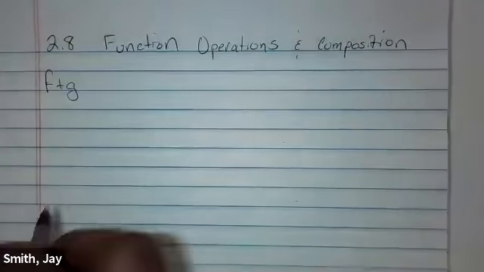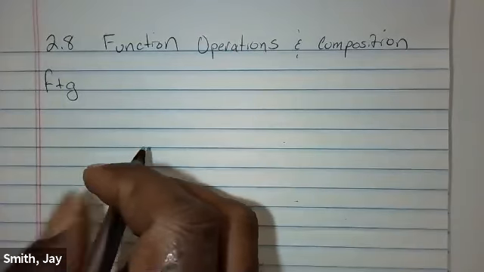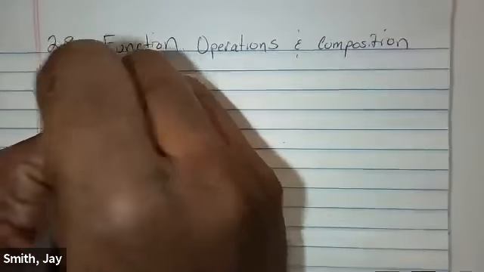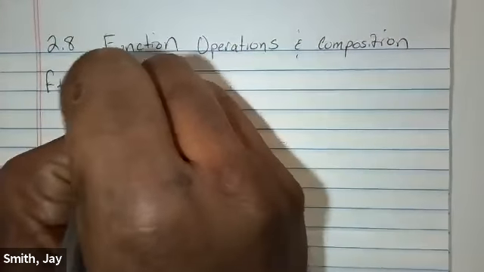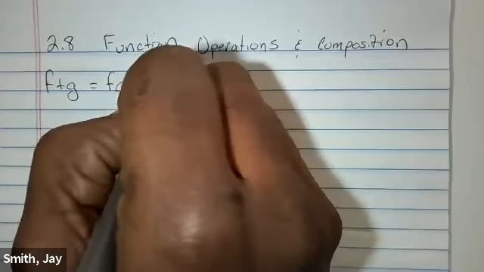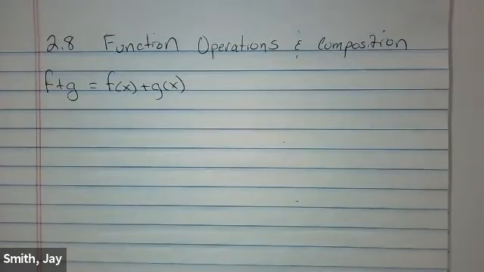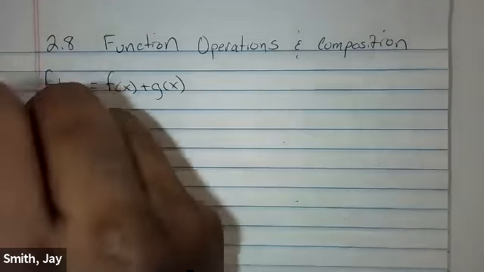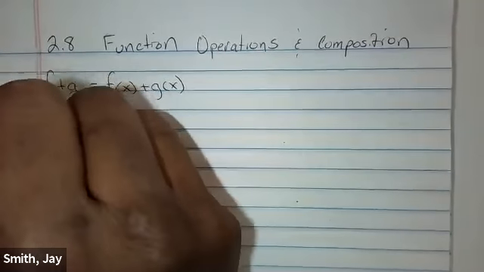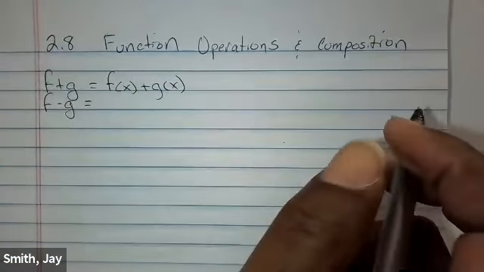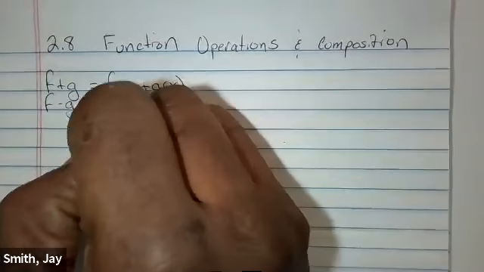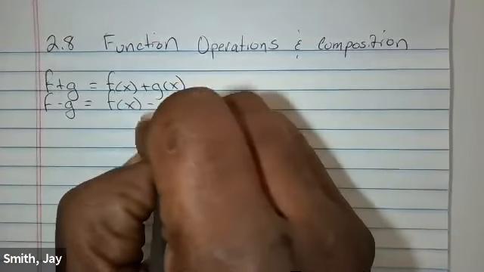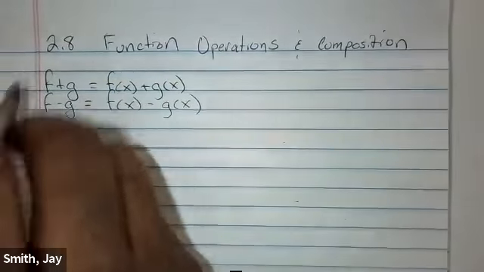The first operation, we go over the operation of addition. We are asked to find f plus g. By definition, this is f of x plus g of x. We're asked to find f minus g. By definition, this is f of x minus g of x.